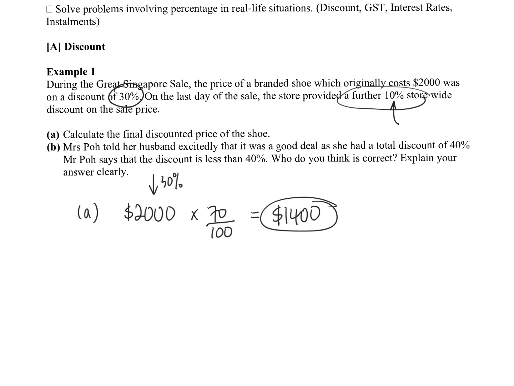I want to give you a further 10%. So what should I multiply this with? 90. Because after I deduct by 10%, I'm left with 90% left. So that's 1260. So this is the final discounted price.